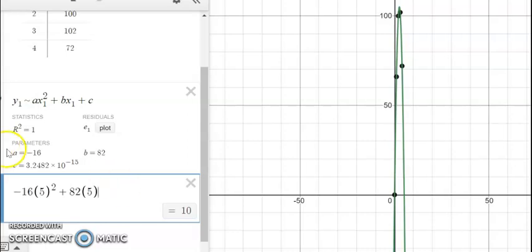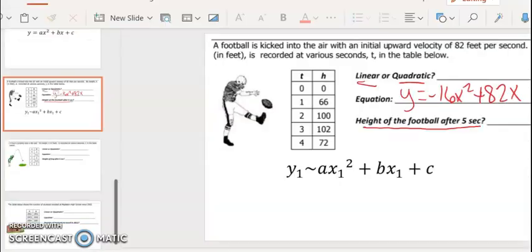Once I know what my equation is, I could put any number of seconds here and it will tell me how high the ball is. Notice it did solve it right here. So your ball is 10 feet in the air. After 5 seconds, we were at 10 feet.